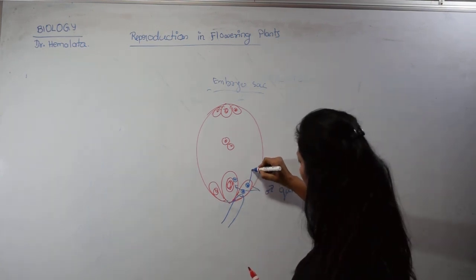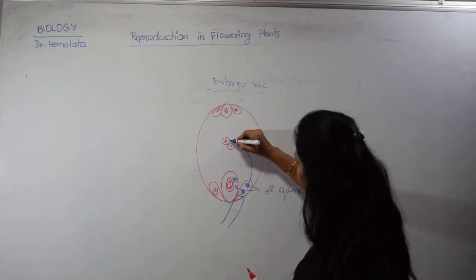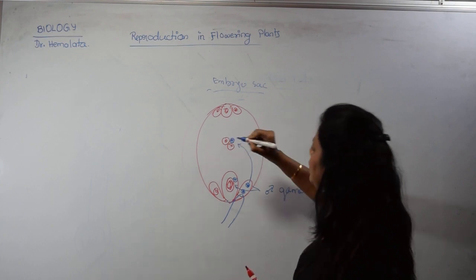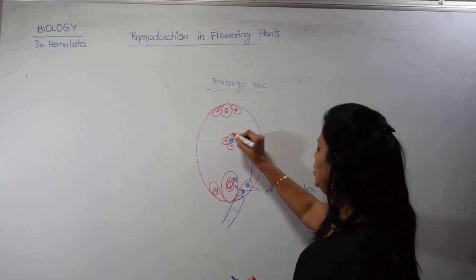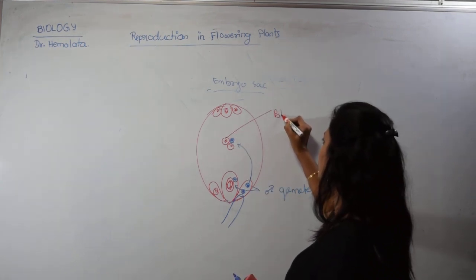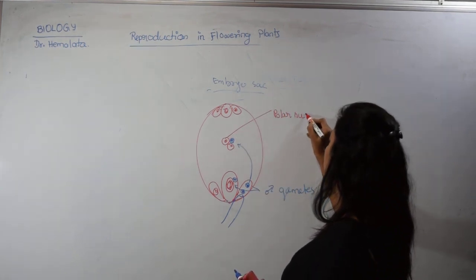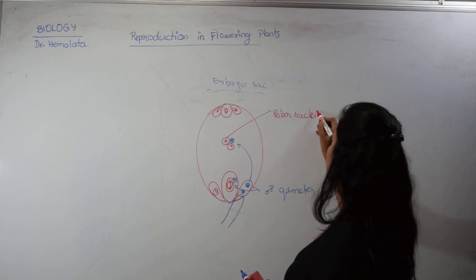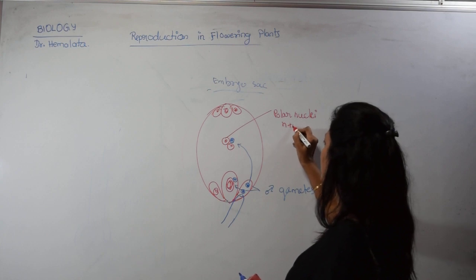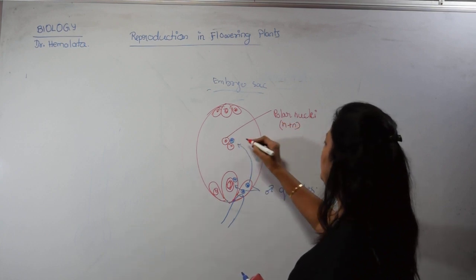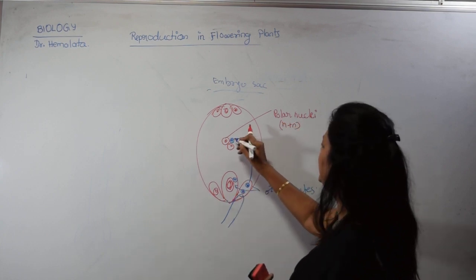Another one will move all the way from here to the center and fuse with the polar nuclei. So, once again you have to know, these are the 2 polar nuclei. Polar nuclei are 2 haploid nuclei, n plus n there. Okay. Now, one more male gamete has entered. This is the male gamete.